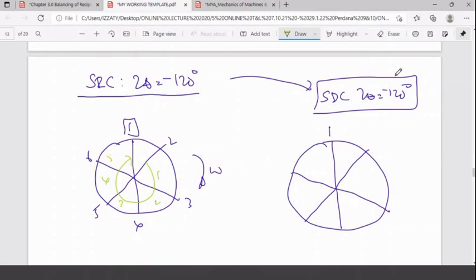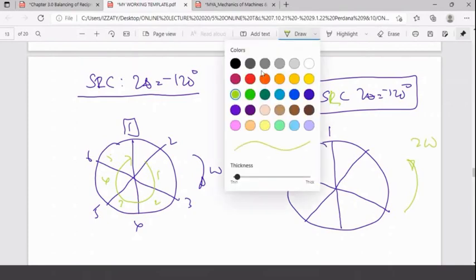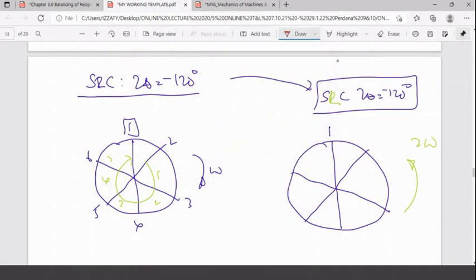Oops, Astaghfirullahaladzim, it's not correct. This one is secondary reverse, so you have 2 omega. So secondary reverse will also have 10. So how does 10 go?